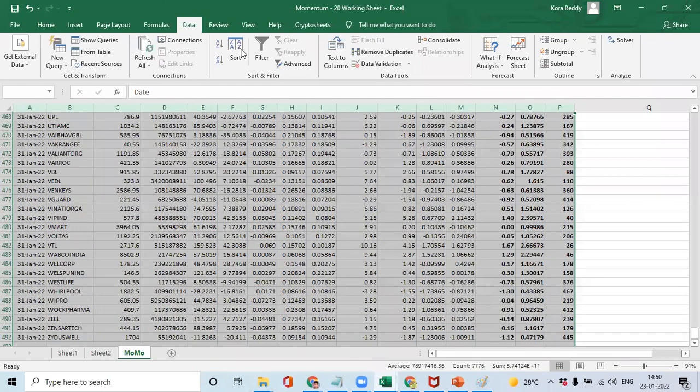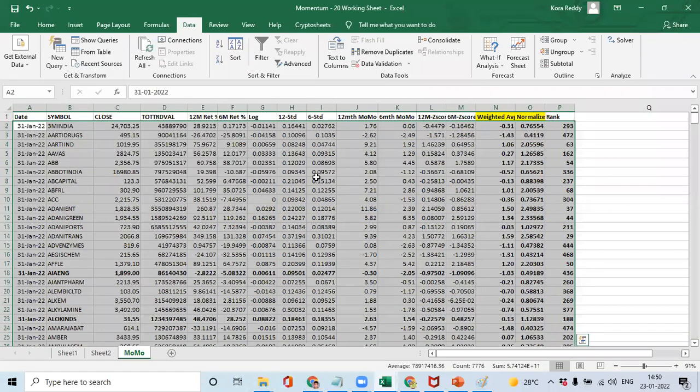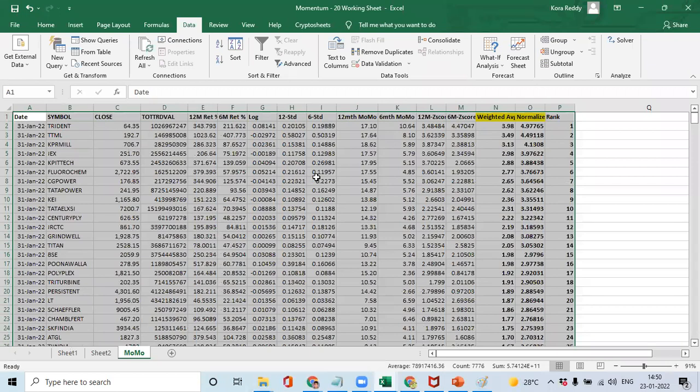And rank. Sort by your rank. 1 being the highest momentum rank, 500 being the lowest. So now it's up to you how many stocks you want to choose. How many stocks you want to choose? 15. 15 is too small. I would say go for 20.